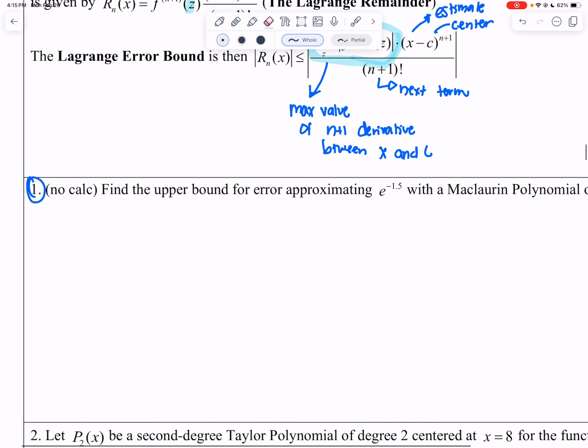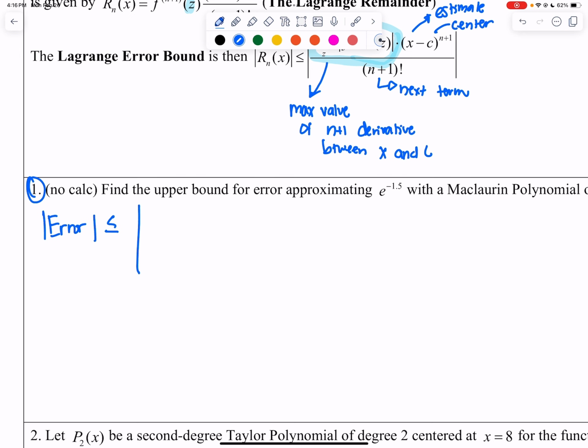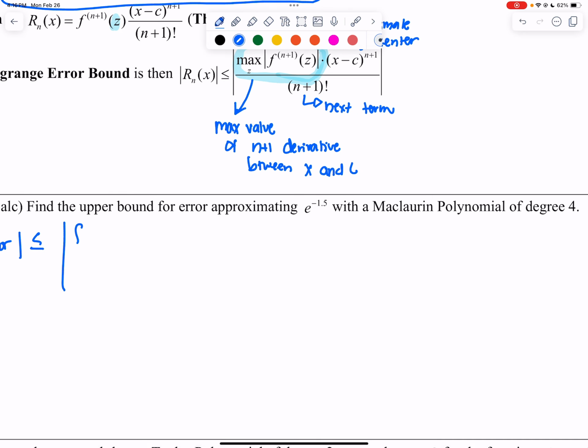So my error in this case is going to be less than or equal to the fifth derivative at z, whatever that is, times x, which is my estimate, negative 1.5, minus c, my center, to the degree of 5 over 5 factorial.